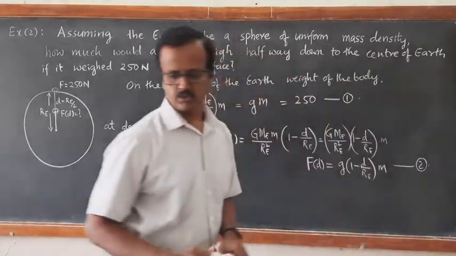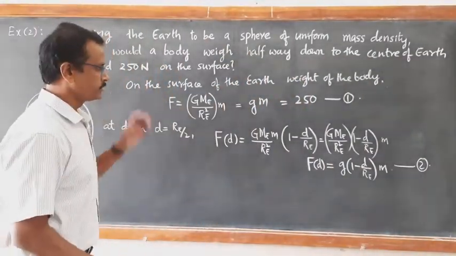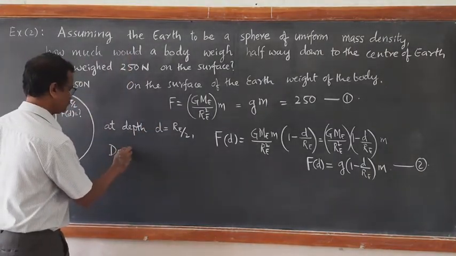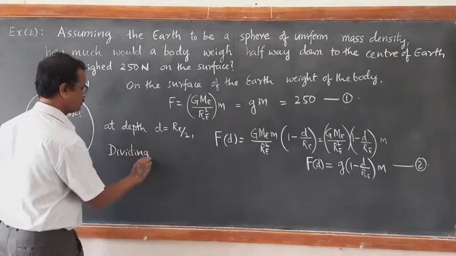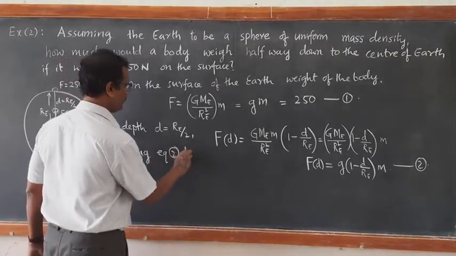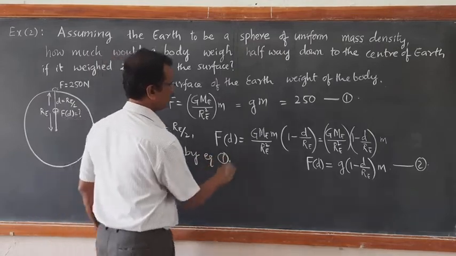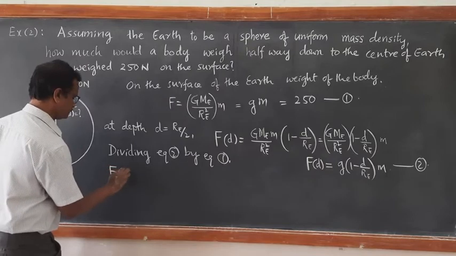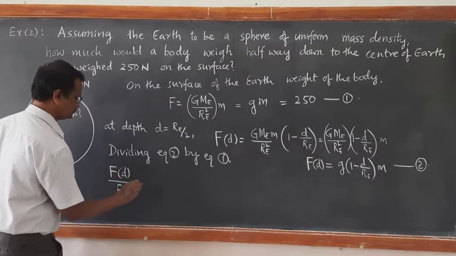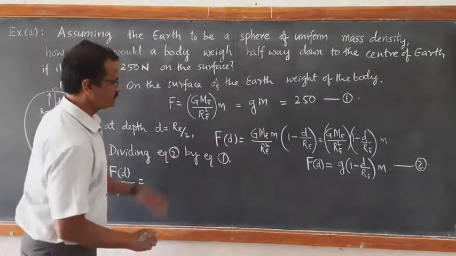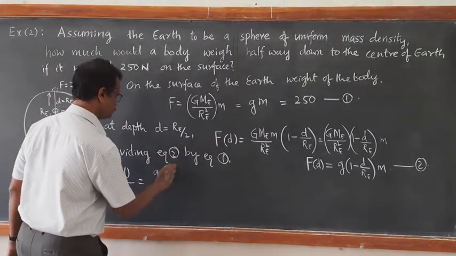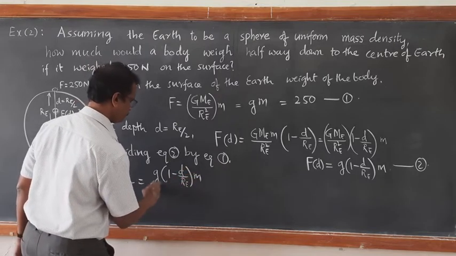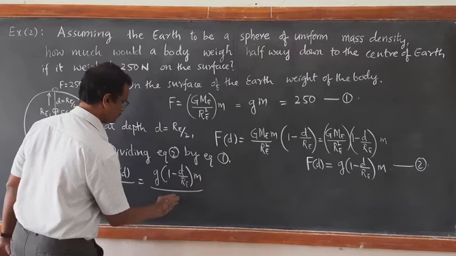Dividing equation 2 by equation 1, by the same procedure we follow. F at d by F is equal to F at d is g into 1 minus d by Re into m, and F is g into m.